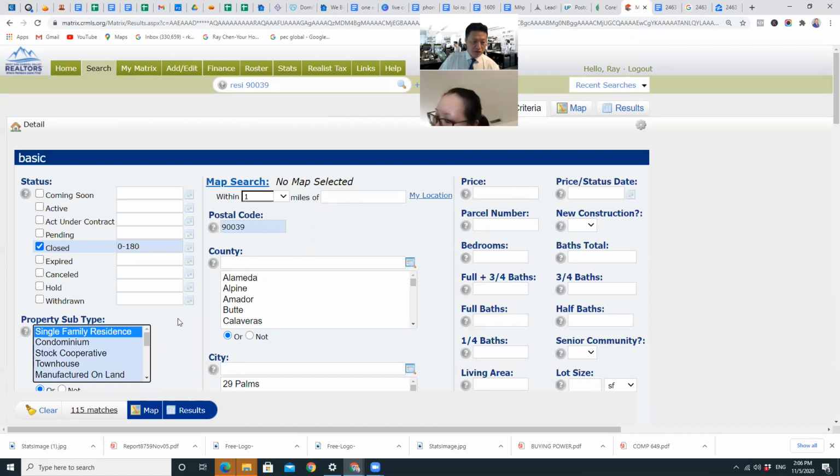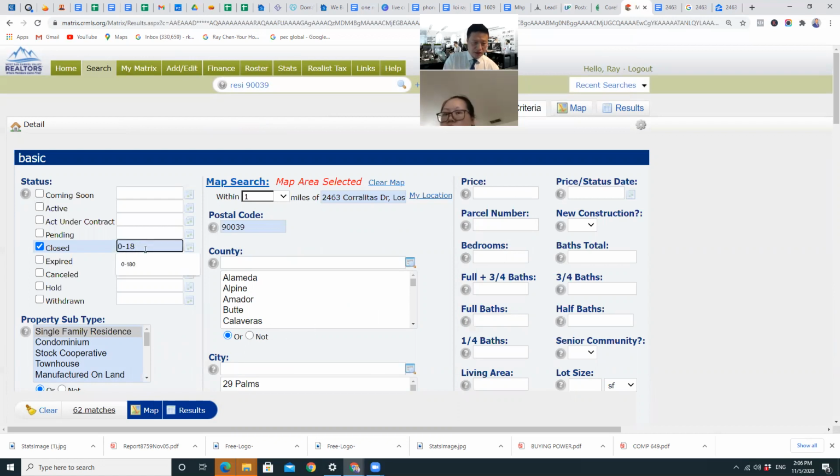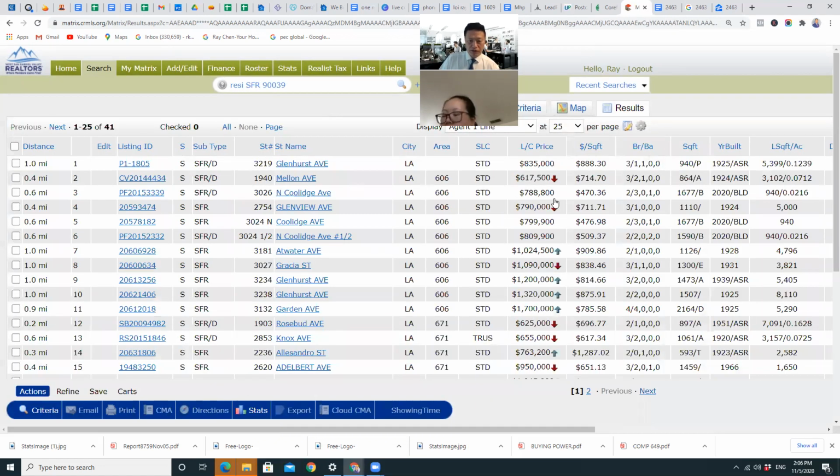Then if it's still a lot, I pick the area, the radius. Now we have 62. If 62 is still a lot, then I change to 90 days instead of 180 days because the market is changing. Now we have 41, so we can use this to calculate the buying power.